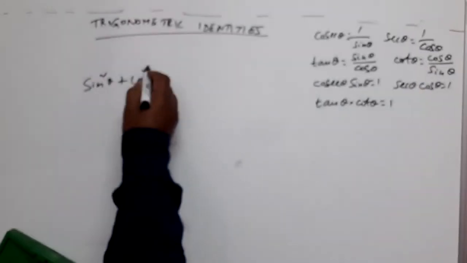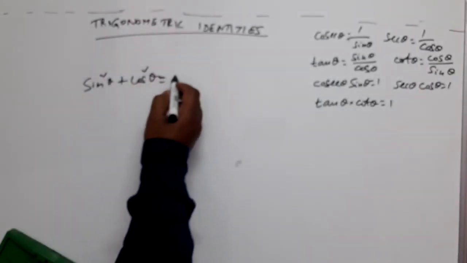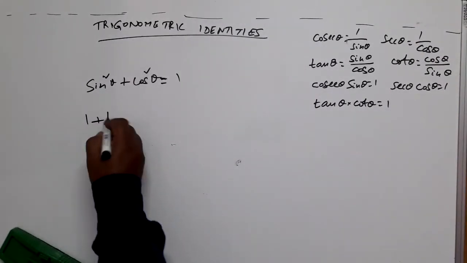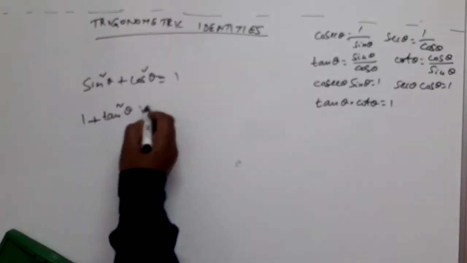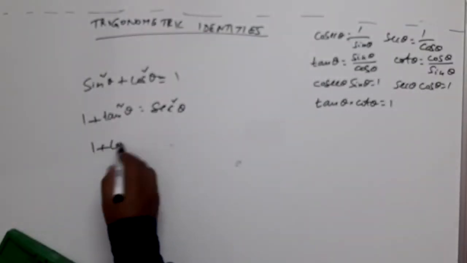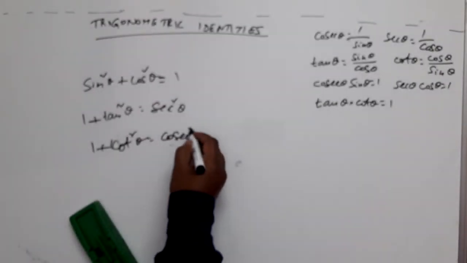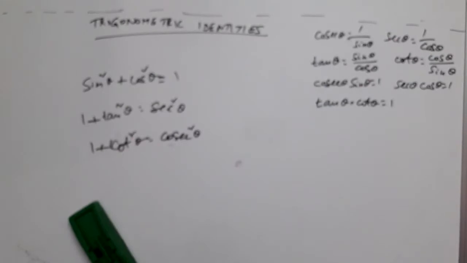See this. Very important formula you can say: sin square theta plus cos square theta is equal to 1. 1 plus tan square theta is equal to secant square theta. 1 plus cot square theta is cosec square theta. These three are called trigonometric identities.